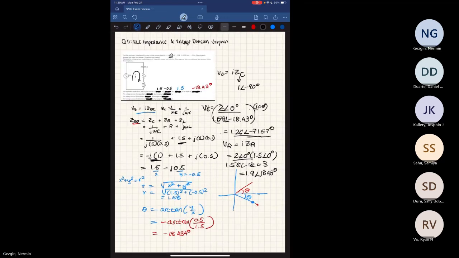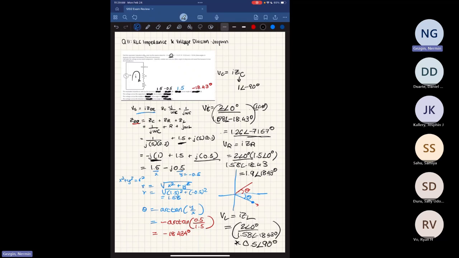Same thing with the inductor. For the inductor you had J times 0.5. That's the same thing as 0.5 with an angle of 90 degrees.